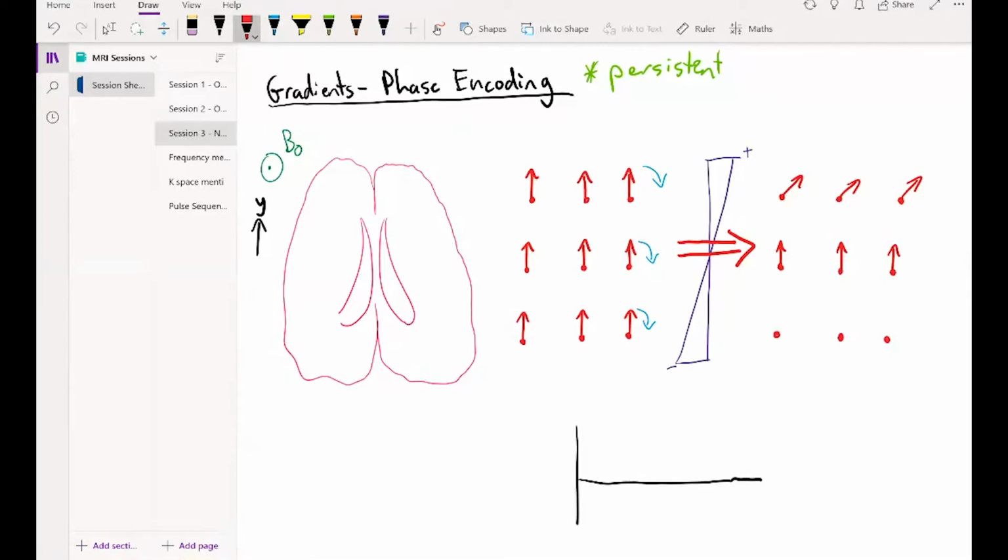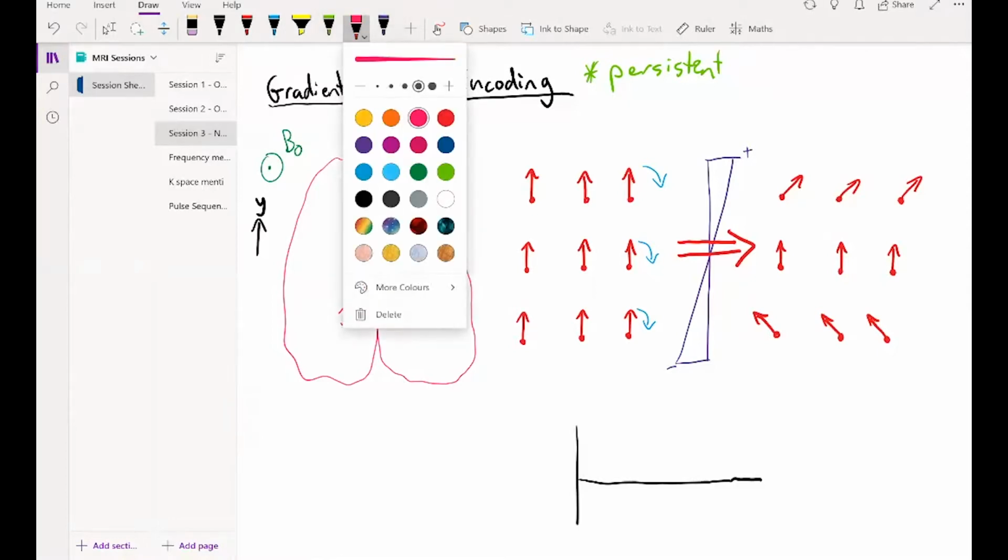And similarly, the spins at the bottom row here are going to have not precessed as far as either the middle row or the top row. So they're going to be behind in phase, right? So I can label that here. I have a pink marker for the ahead for some reason.